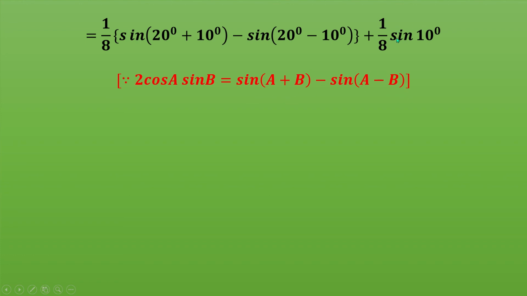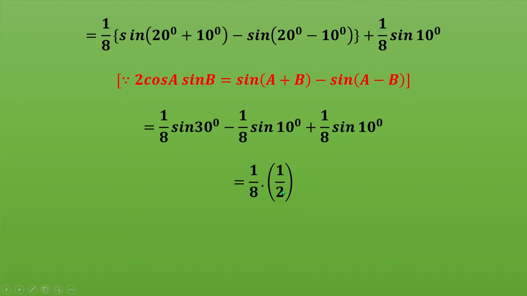And this part is fixed. Now calculate. We'll get 1 by 8 sin 30 degree minus 1 by 8 sin 10 degree. This and this cancel. Here will be 1 by 8 into half, that means 1 by 16. This equals the right hand side. Proof is complete. Clear everyone?